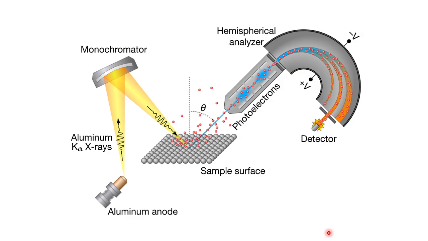And this is a schematic of XPS. Here you are generating the X-ray, that is K alpha. This is your monochromator, this is the sample, and after interacting it will release the photoelectron, which travels through this tube, and here you provide a voltage to synchronize it.